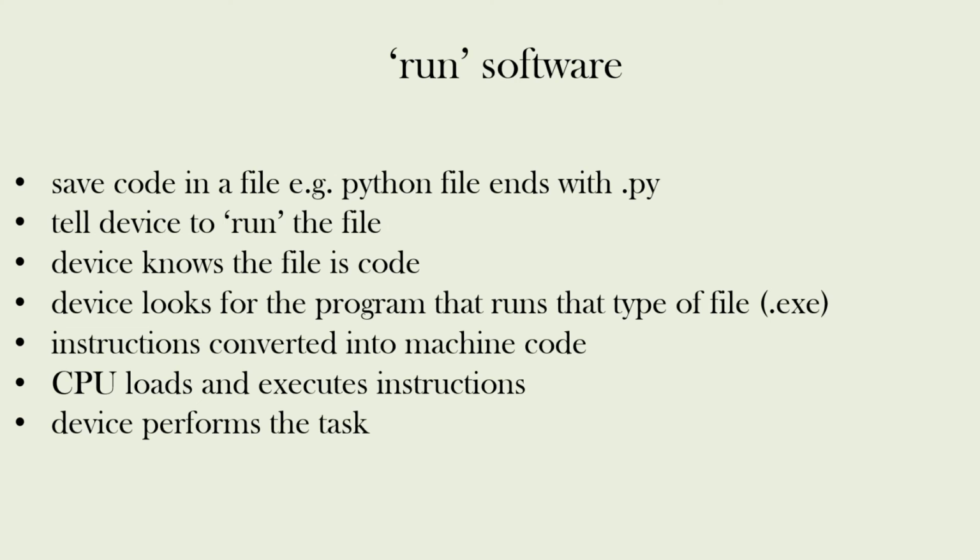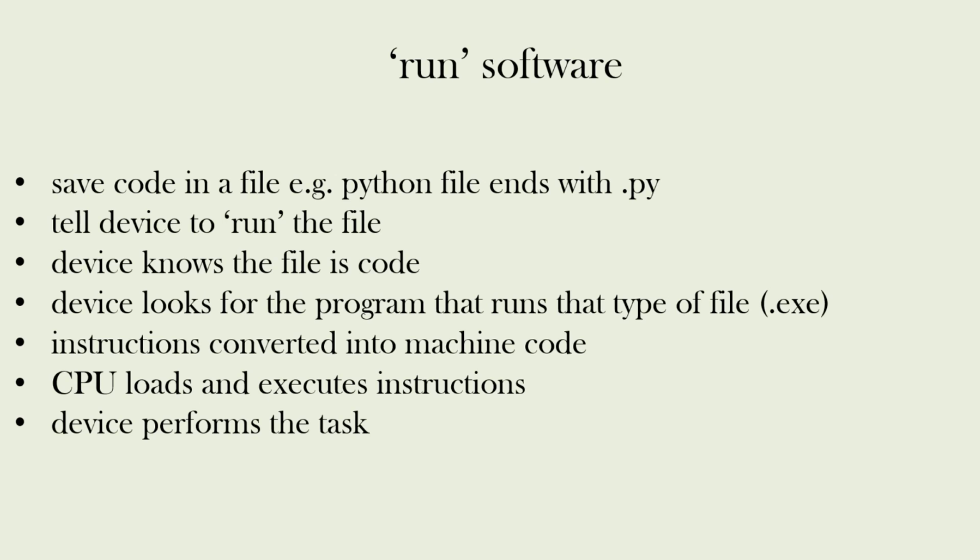Now how might you run software? Well, if you write some code and put it in a file, you make sure the file ending is consistent with the language that you use. So for example, Python files finish with .py. Now if you tell your device to run that file, it will look at that extension and say, okay, I know that's a Python file.